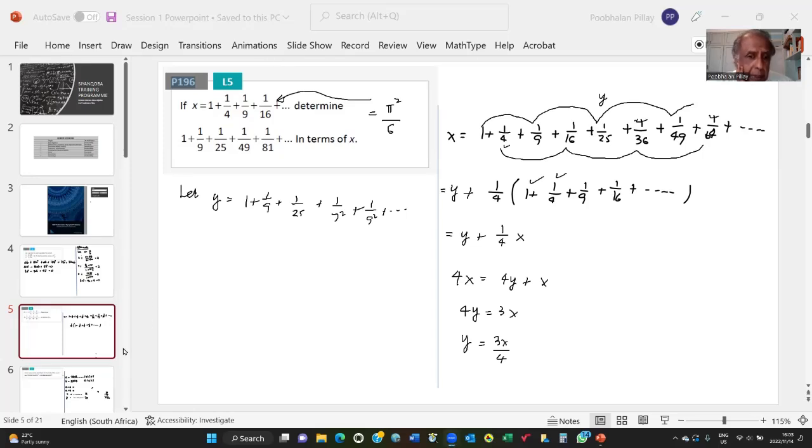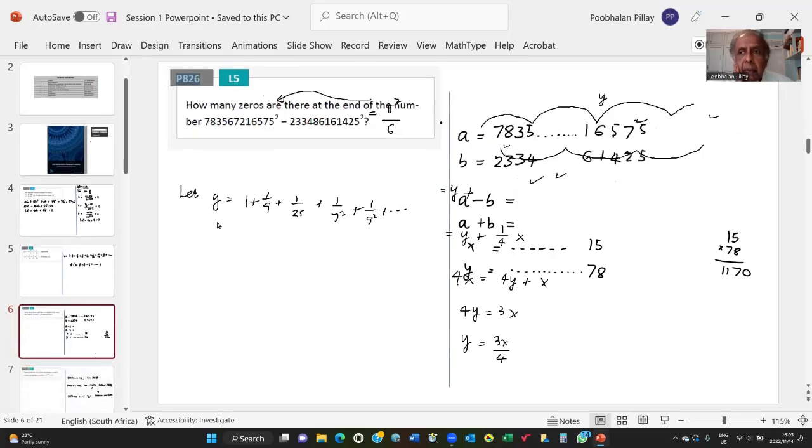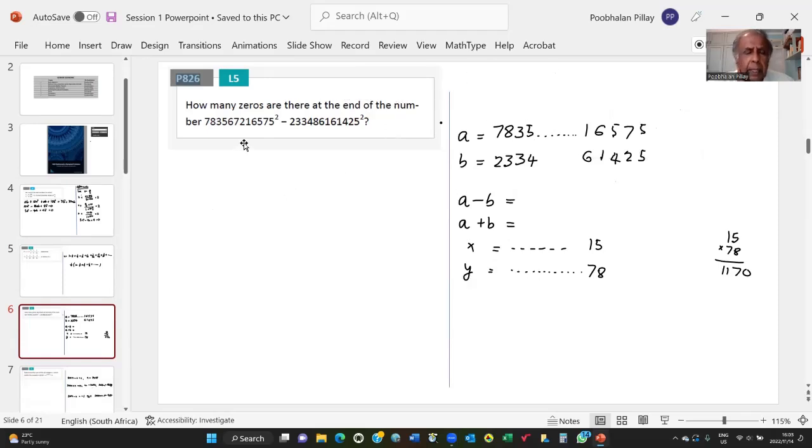So the next problem is this one. How many zeros are there at the end of the number?